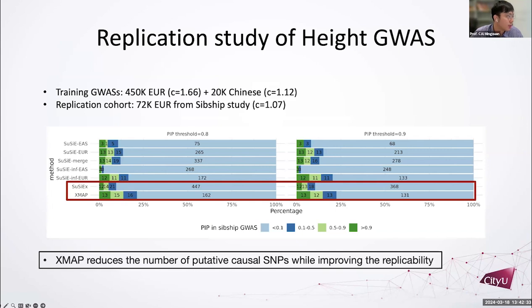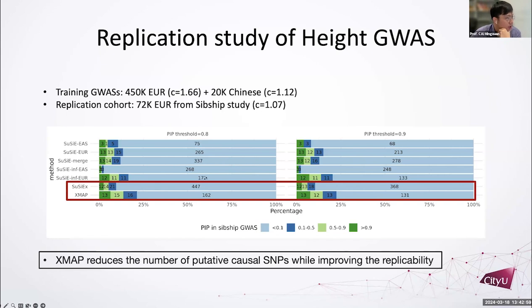We try to identify putative causal SNPs and look at their PIPs obtained from another data set which has a small inflation constant, which suggests an absence of confounding. This third sample is from a sibship study, because we know that a sibship study is more immune to population stratification. Okay.